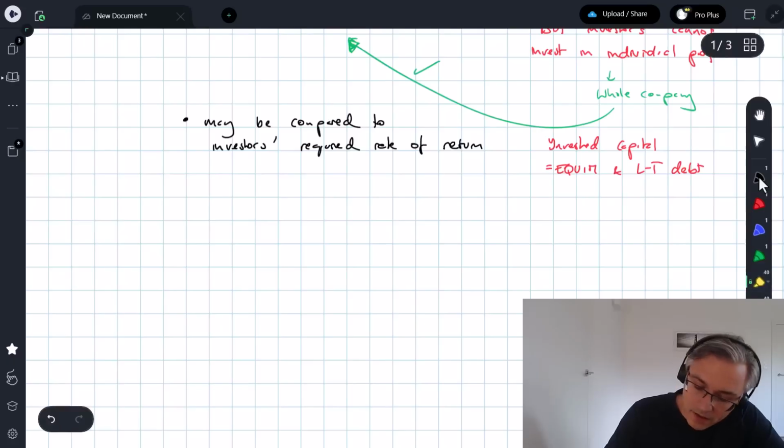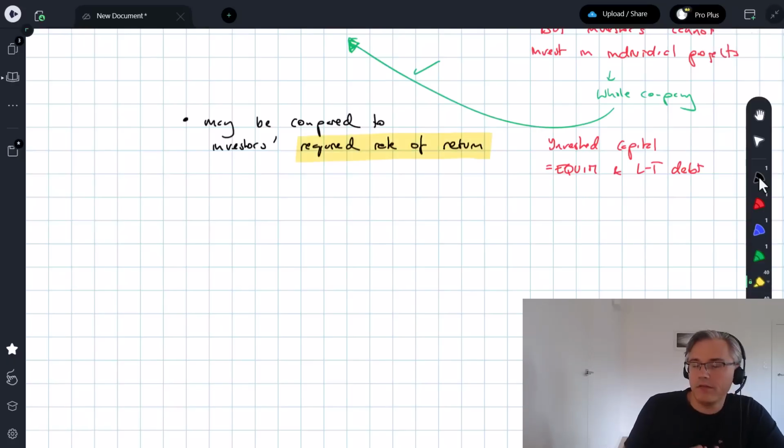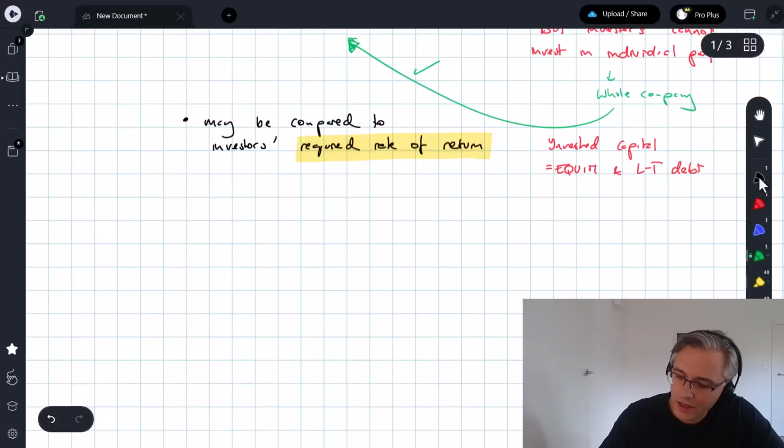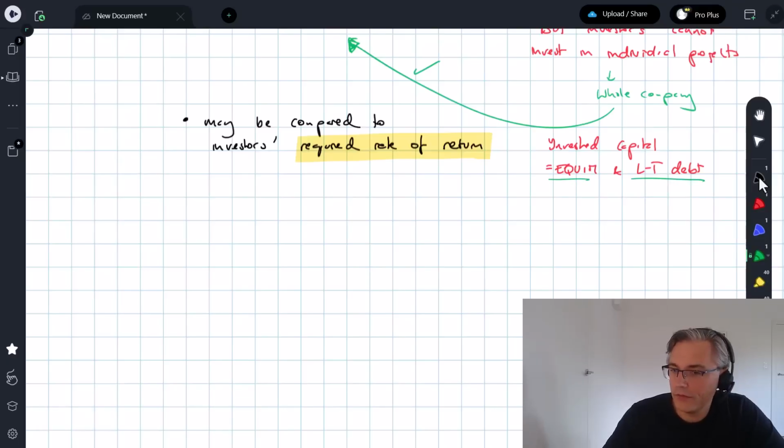So when you're comparing the ROIC, the actual return on investment capital that was achieved, with the required rate of return as required by investors, think about investors broadly, investors into your equity and long-term debt.